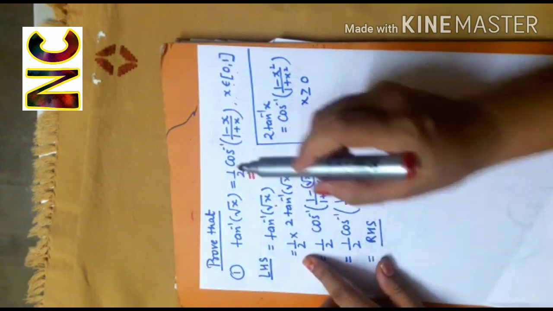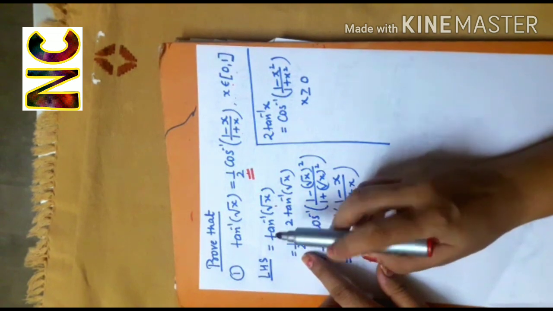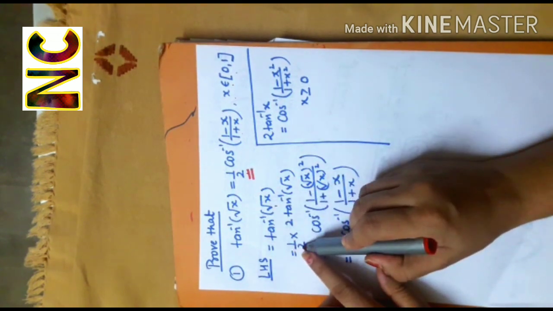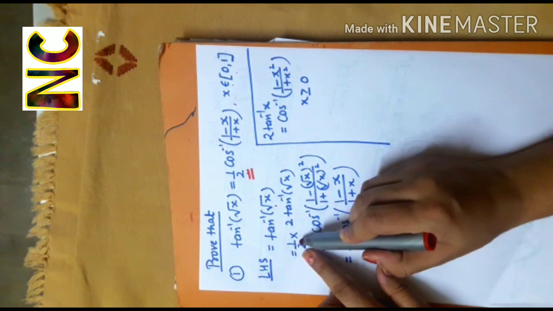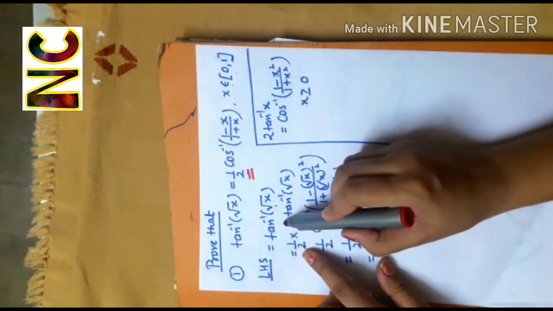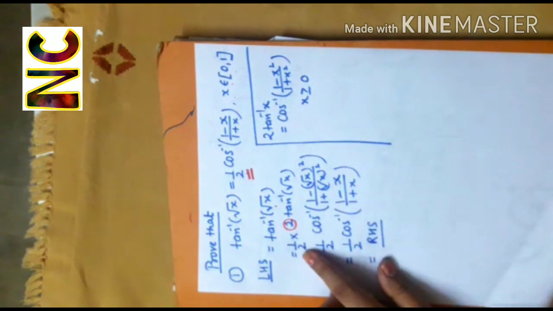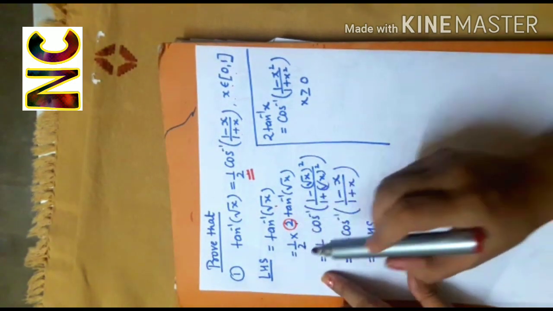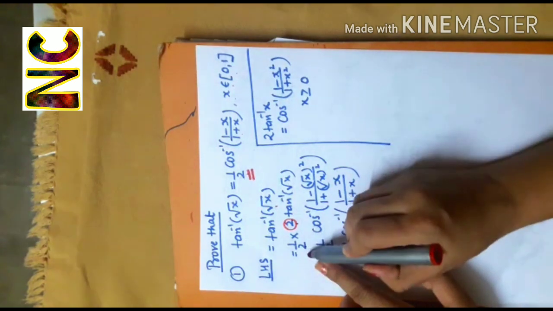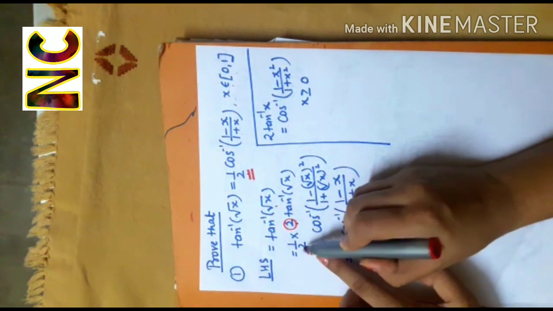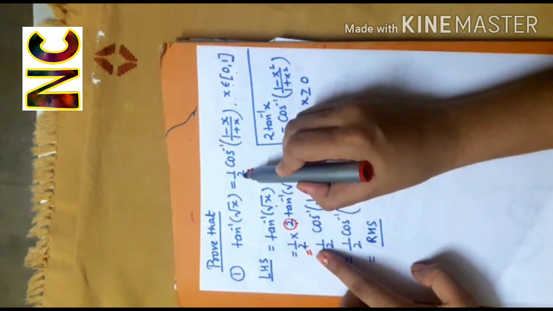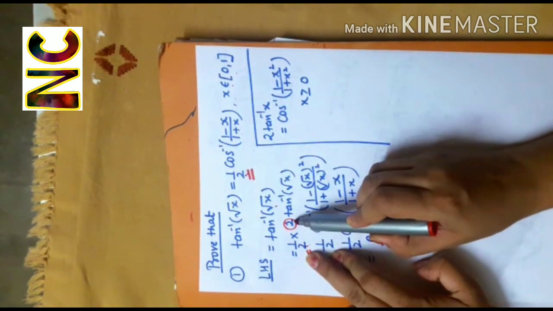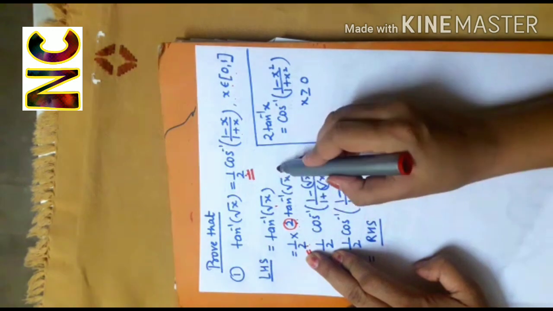So what I do, I multiply this with half, and to balance this I multiply with 2. So now I will not touch this 1/2 because I need it here in the right hand side. So I'll get 1/2 into 2 tan⁻¹(√x).